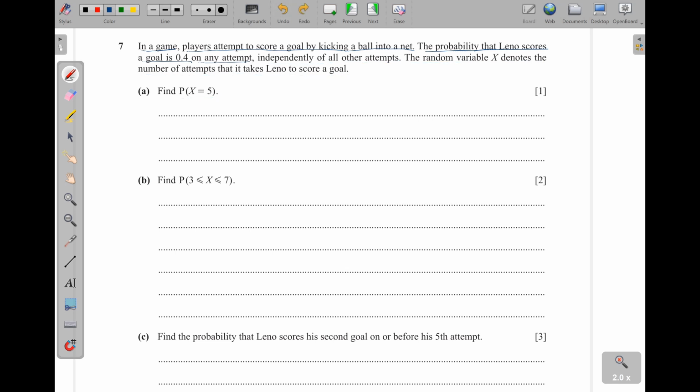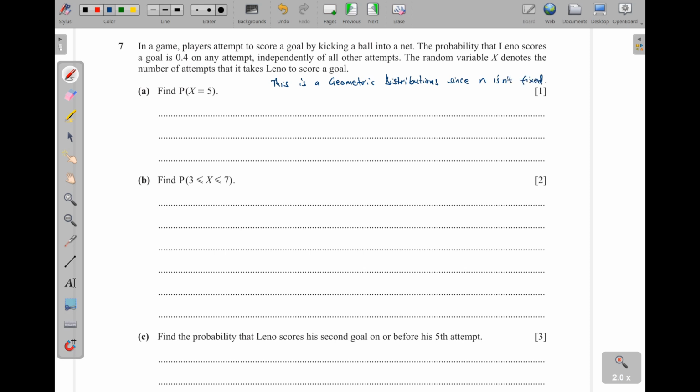Now here the number of times the experiment is done isn't known. Okay, it doesn't mean that it is infinite, but it is not known. So that means this is a geometric distribution, since n isn't known or fixed.